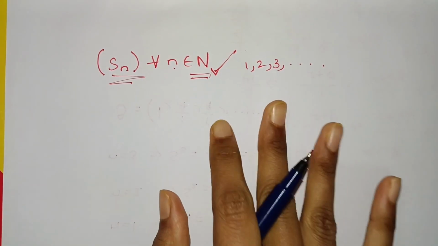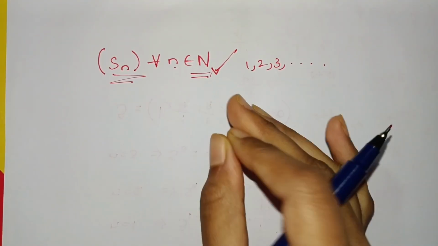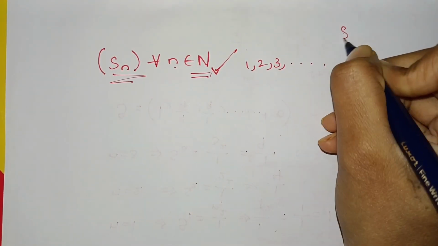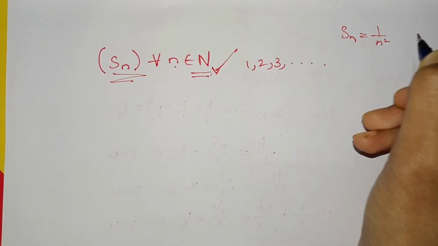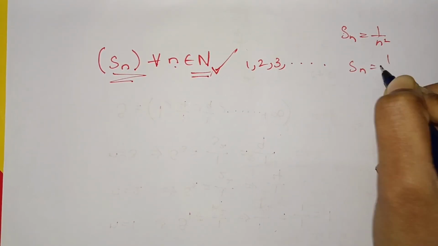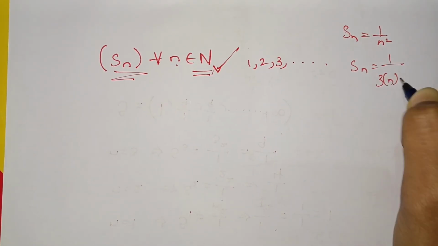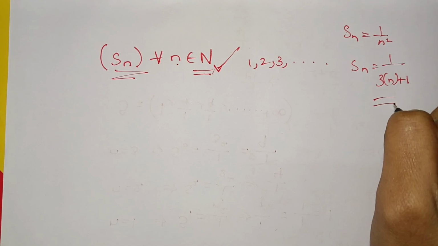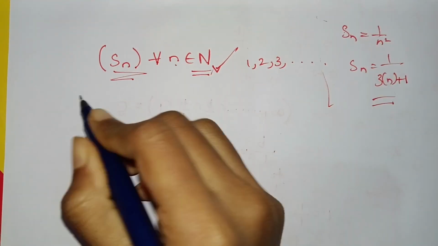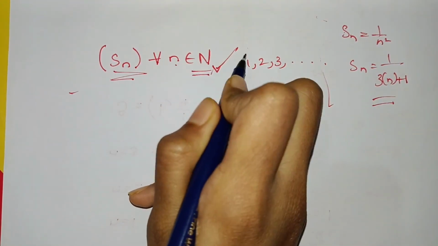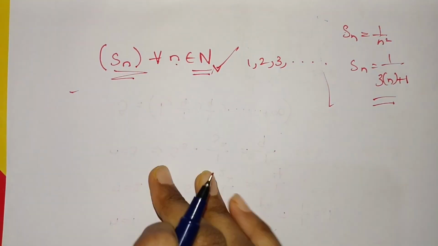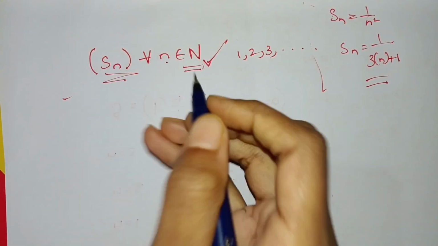That's it. They didn't give us any formula like Sn is equal to 1 by n square, or Sn equal to 1 by 3n plus 1. Like this they didn't give. They just simply gave n belongs to natural numbers. So in these cases we need to just simply write like this.